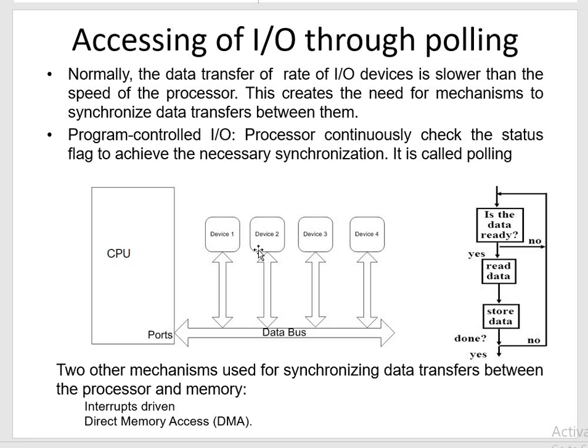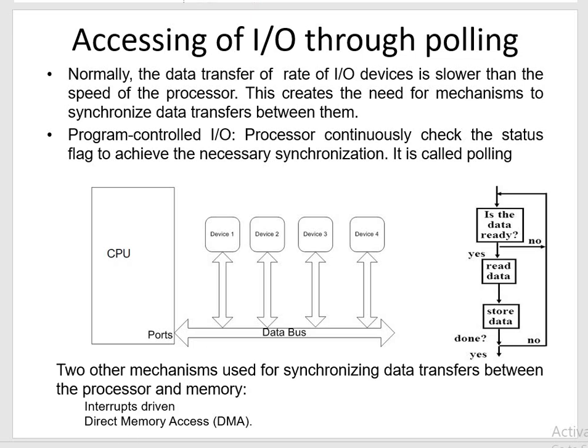In other words, the device tells the CPU that the data is ready with it, and now you can read and write the data. During that period, while the I/O device makes the data ready, the CPU can perform any other task.